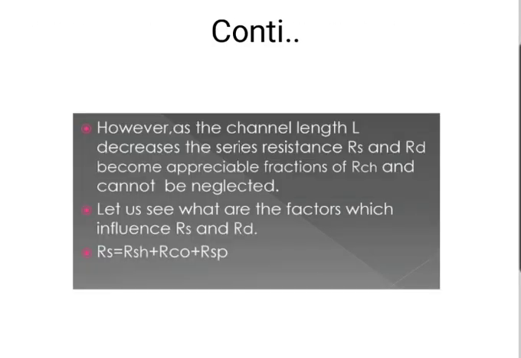As the channel length L decreases, the series resistances RS and RD become appreciable fractions of the RCH, and cannot be neglected. So RS is RSH plus RCO plus RSP.